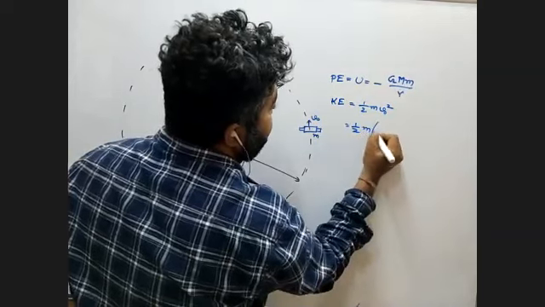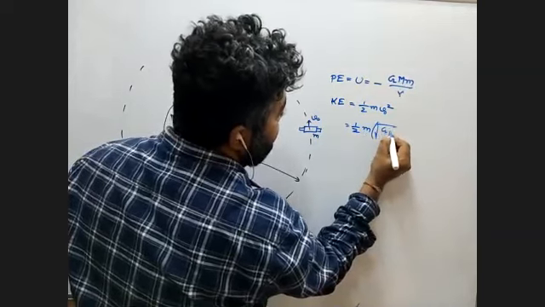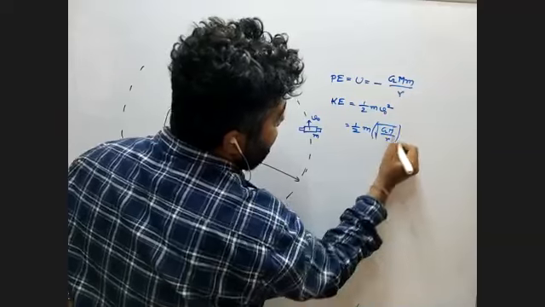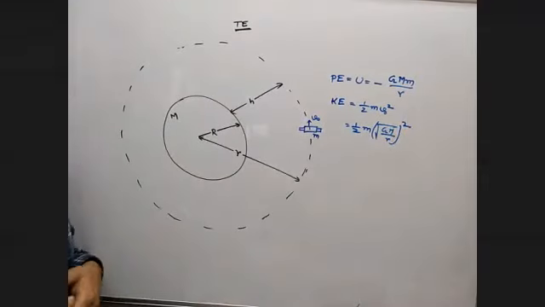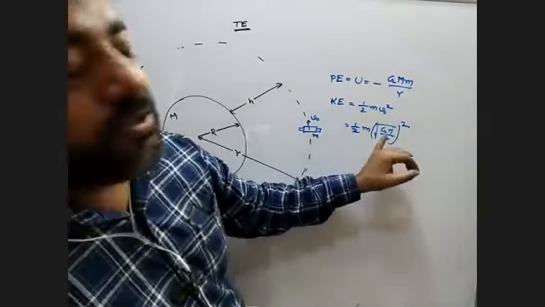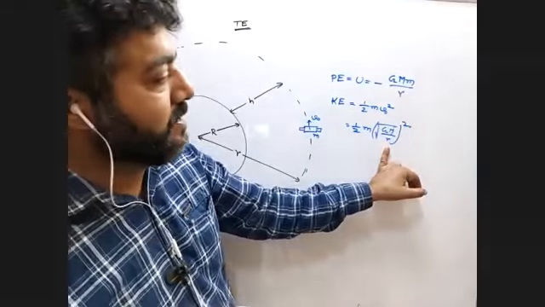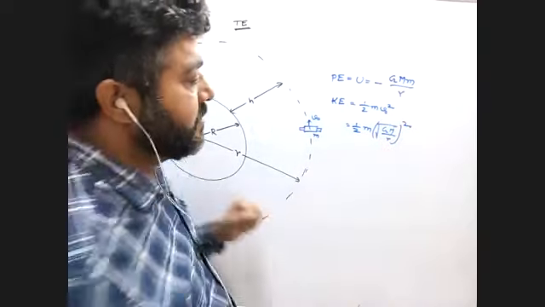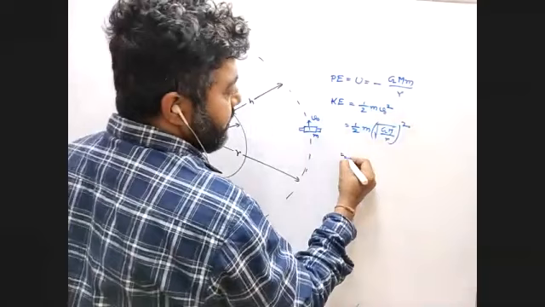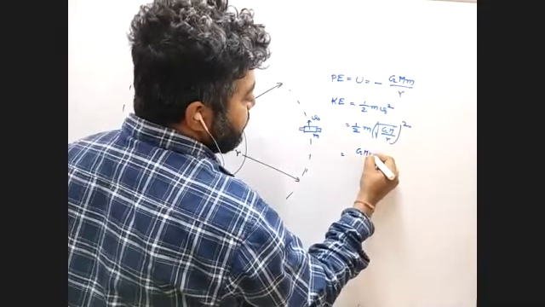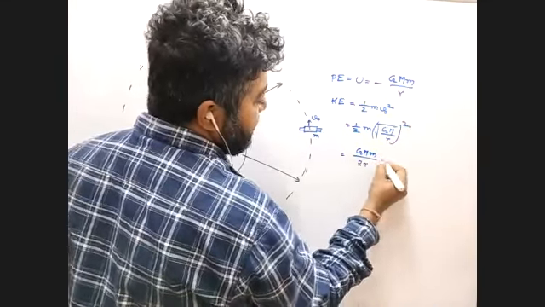So half m, we know the orbital velocity is root under GM by r. Is it clear? You all remember from the previous class? Orbital velocity. So what you have? GMm by 2r. Is it clear?